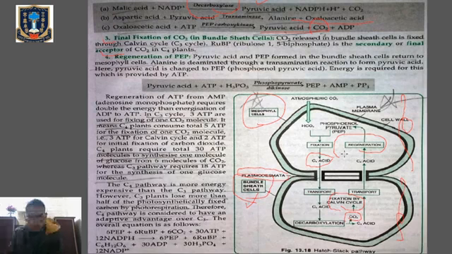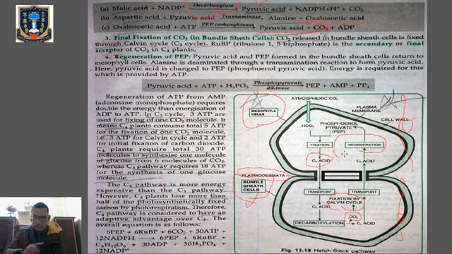Now in the C3 cycle, 3 ATP were used for the fixation of one carbon dioxide molecule, as we have learned. But in the C4 pathway, 5 ATP molecules will be utilized. Why?